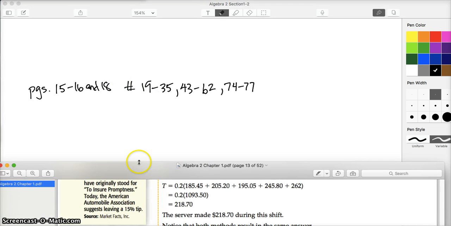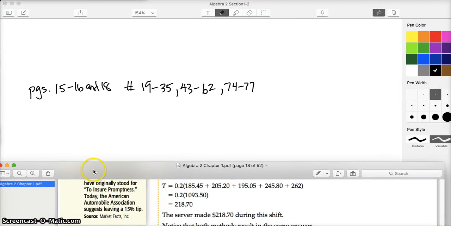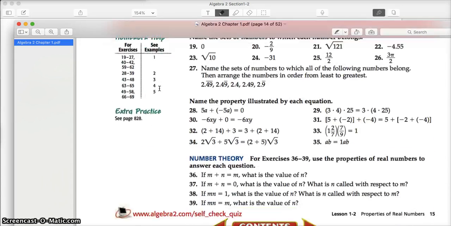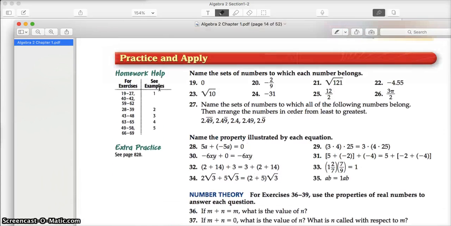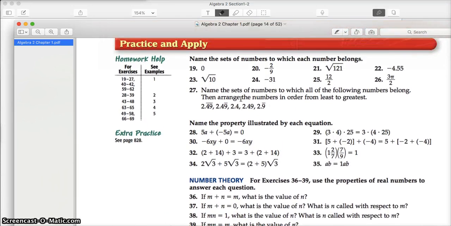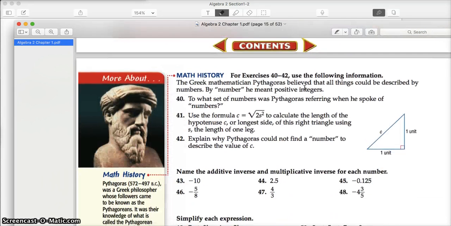Let me see if I can pull it up so we can take a glance at it. So you're going to, that's my family. Let's see if we can pull up the assignment. We'll be looking at doing all of these. If you notice these problems from 19 to 35, all you're doing is telling us what property down here is illustrated, and over here you're telling me all about what kind of number we have, like we did in the first example.